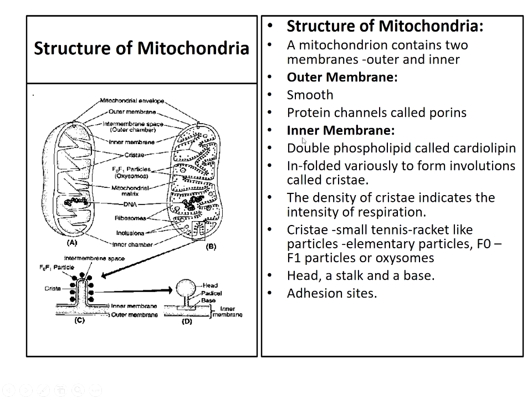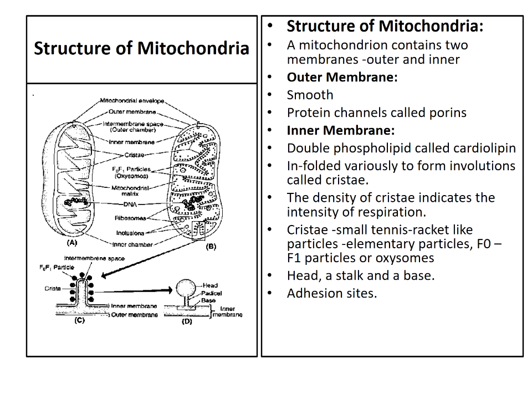Then the second membrane is the inner membrane. It is permeable to only some metabolites and it is rich in double phospholipids called cardiolipin. That is a phospholipid, also called cardiolipid, and it is present in the inner membrane.